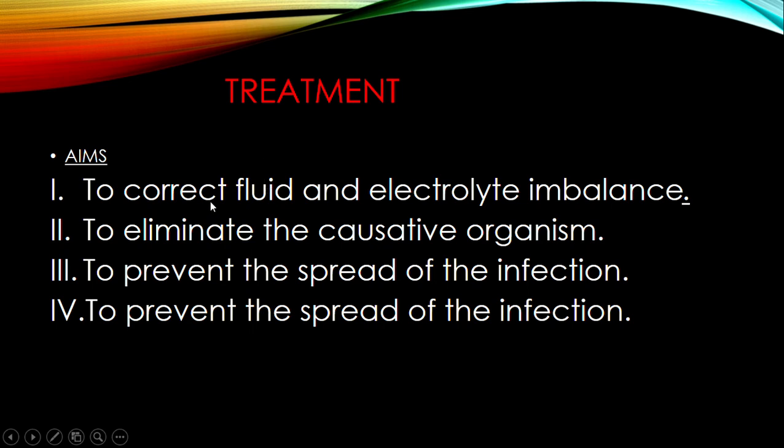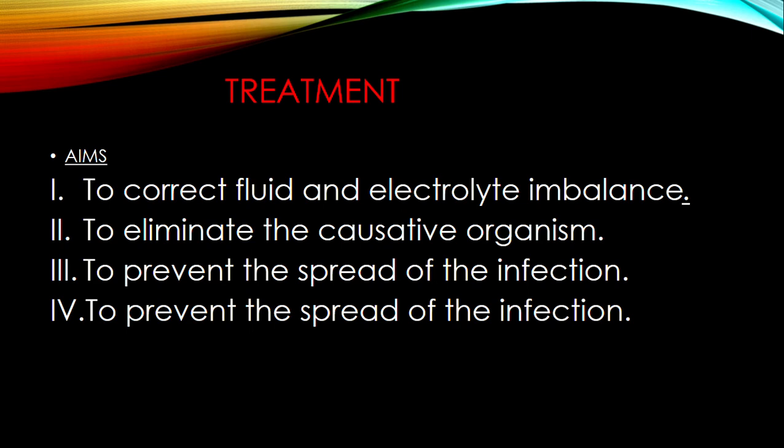So the first point is that we want to correct the fluid and electrolyte imbalance. And then we want to eliminate the causative organism, and this is going to be done by use of antibiotics because it is a bacteria. Then we also want to prevent the spread of the infection. So because cholera is infectious, we don't want it to spread everywhere.